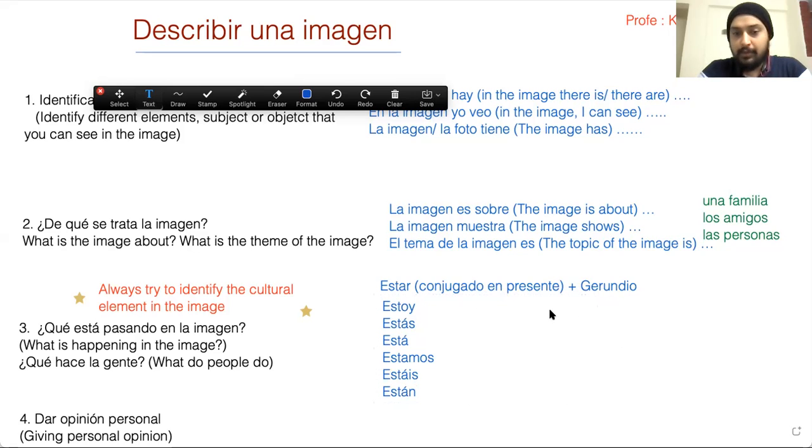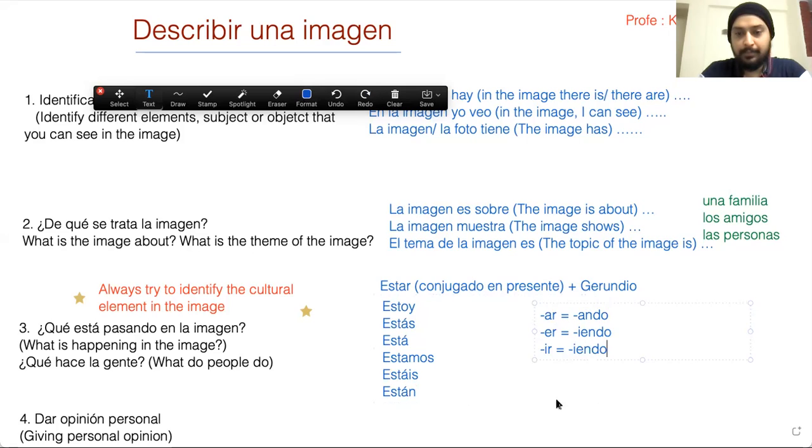And how do we form gerundio? We form gerundio by, if the verb is ending on AR, regular verbs, it changes to ando. ER changes to iendo. IR changes to iendo.